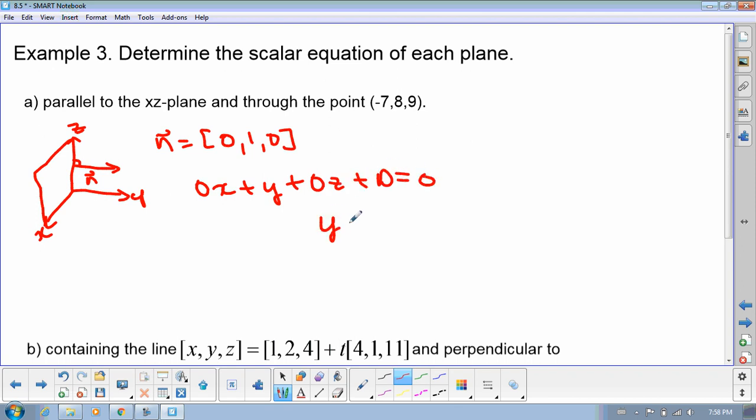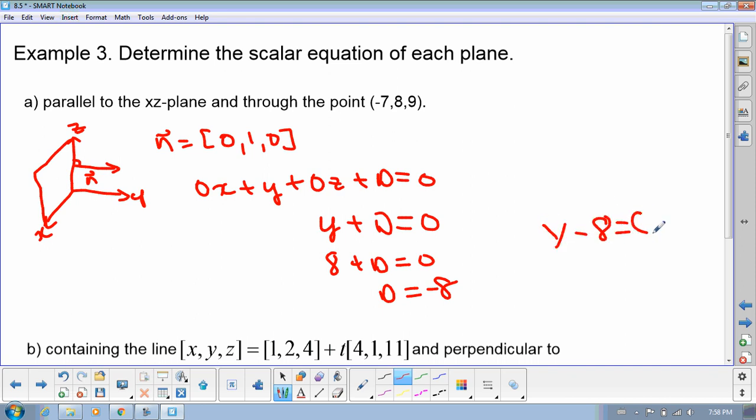Right now I've got that simplified down to y plus D equals 0. When I'm substituting in my point, I only need the 8. So 8 plus D equals 0, which means D is negative 8. So the equation of this plane is y minus 8 equals 0.